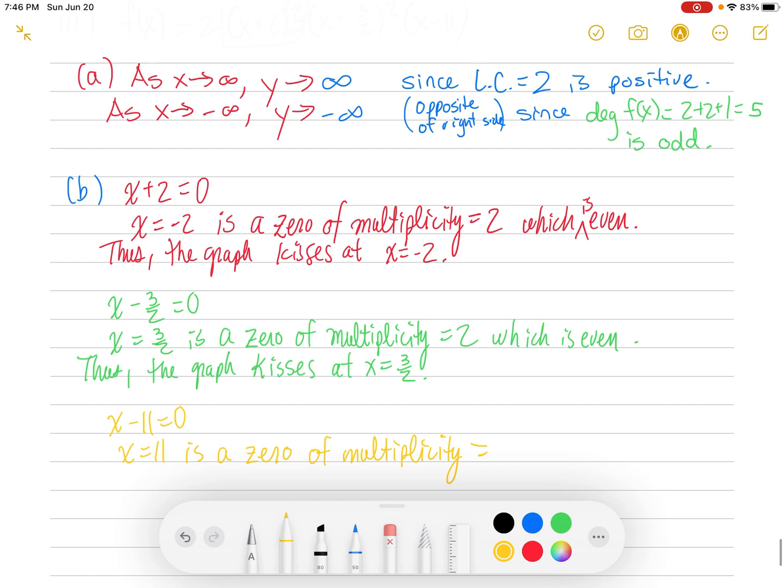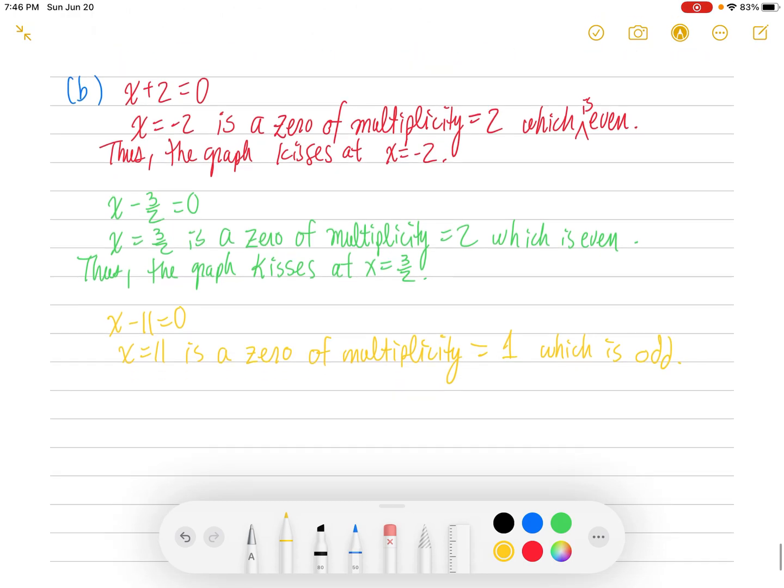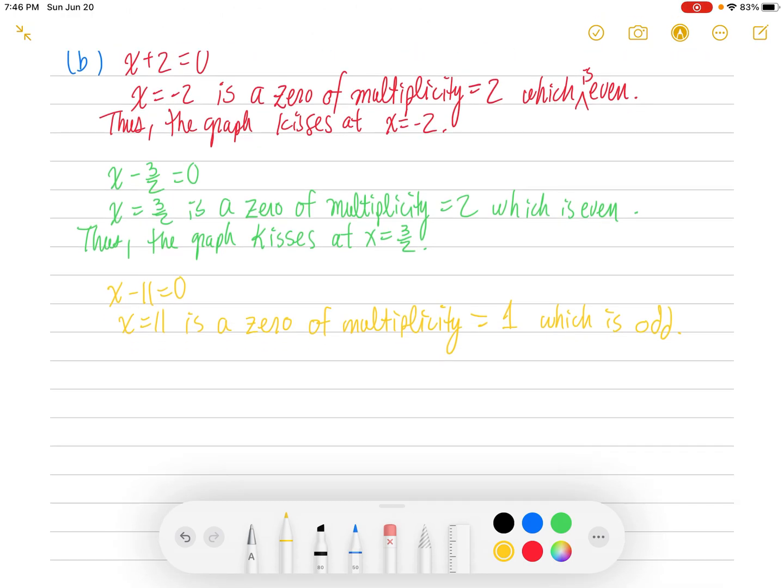You don't see any power above, but you can understand that there's a power of 1 up there. Multiplicity is 1, which is odd. So an odd multiplicity indicates the graph crossing there at 11. Thus, the graph crosses at x equals 11.